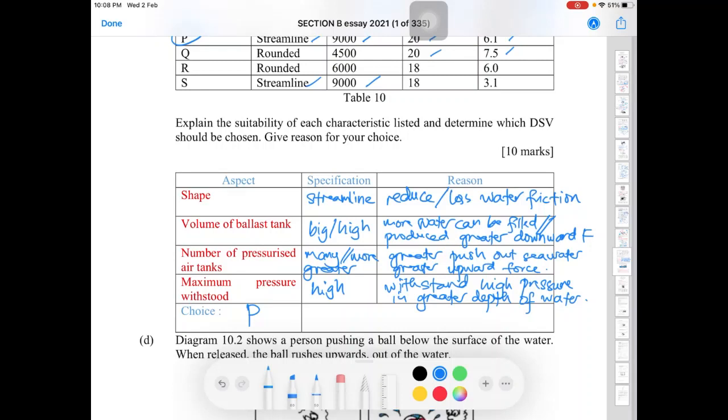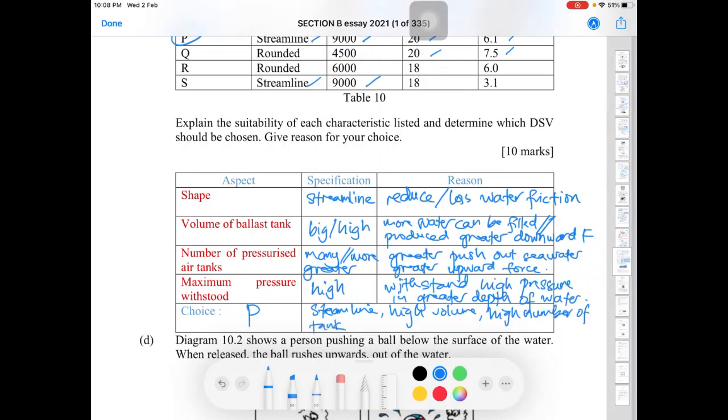Okay, so tulislah streamline, and then dia apa? High, dia paling high, high volume of ballast tank, and then okay, dia adalah medium apa? Dia bukan 20, dia 20 dah. Dia high number of tank.